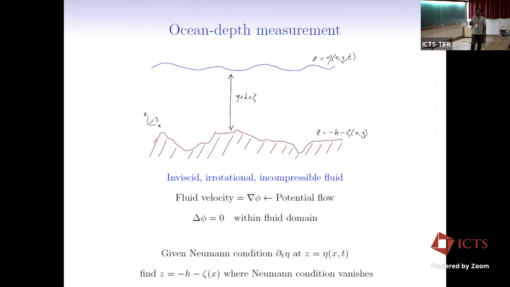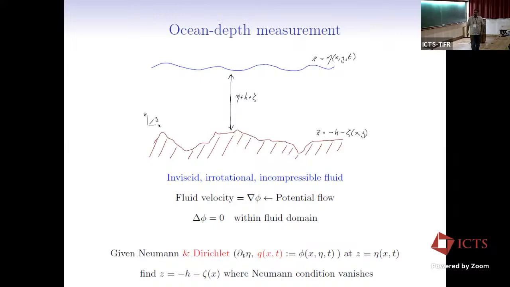There is a harmonic function on one part of the domain, you know the Neumann condition, and you want to find where the Neumann condition vanishes to conclude where the other part of the domain is. Why should the Neumann condition vanish at this part? Because that's the normal velocity. So the boundary is the location where the normal velocity vanishes. Okay.